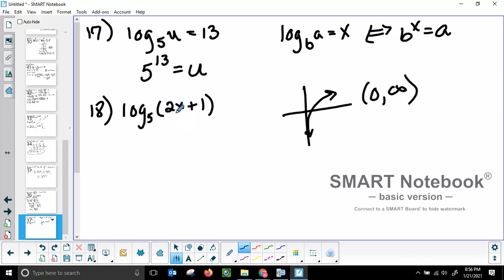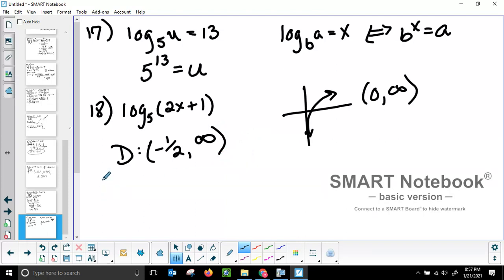First, we have a horizontal shrink by 2, which is taking it by a half. And then it's moving it to the left 1. This horizontal shrink is actually going to change how far it goes to the left. So instead of going to the left 1, we only go to the left 1/2. So the domain here is going to be from negative 1/2 to infinity.